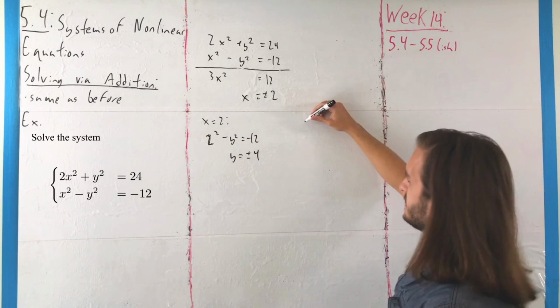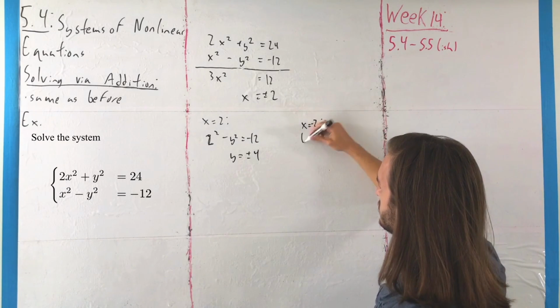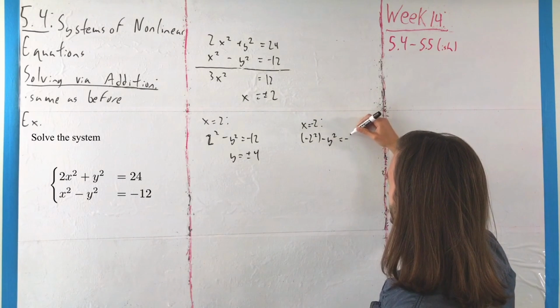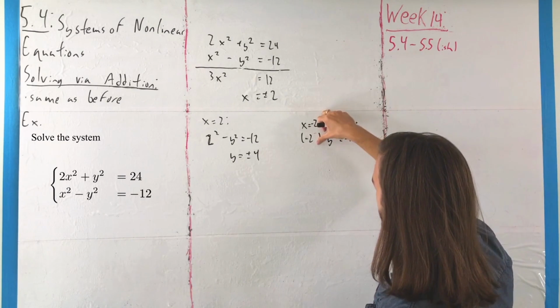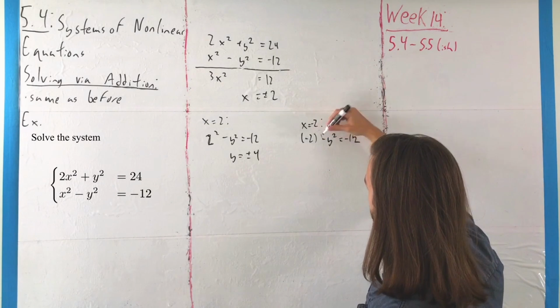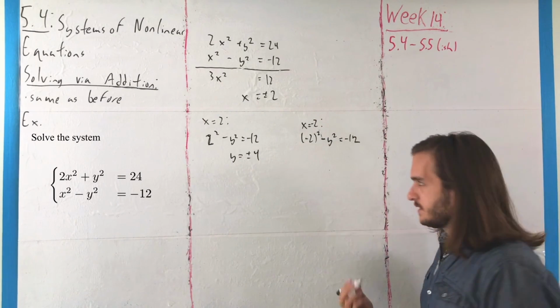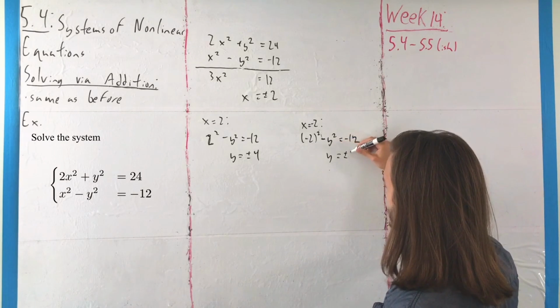And then essentially the same thing happens if x is equal to negative 2, because when x is negative 2, we get negative 2 squared minus y squared equals negative 12. But let's be careful with where that square is, that actually does make a difference. Because with that square on the outside, that still just ends up being a 4, so y also just ends up being plus or minus 4 again.